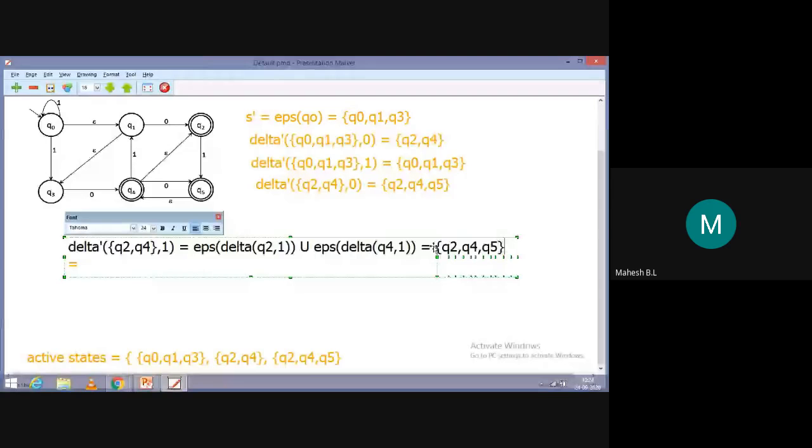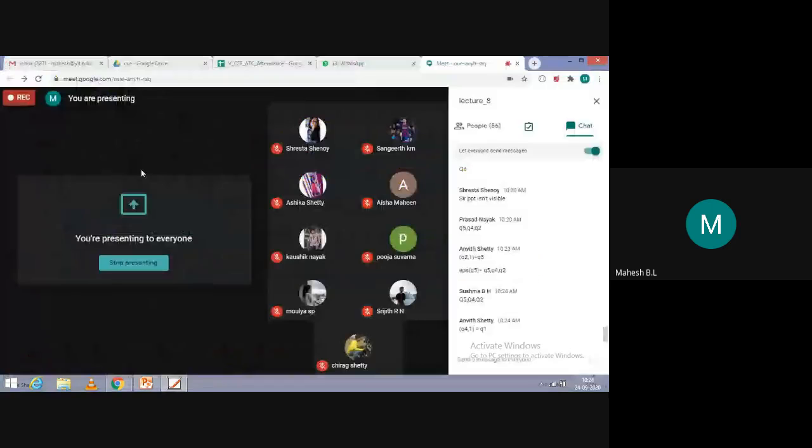Then you need to perform union operation with, what? Delta of Q4, 1. What is delta of Q4, 1? Q4, 1 is Q1.